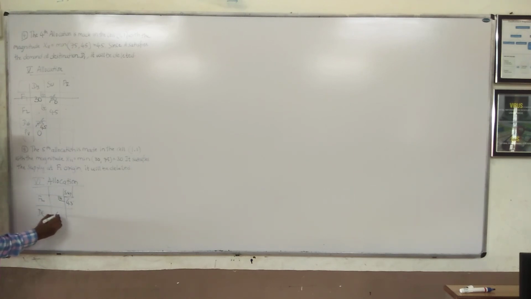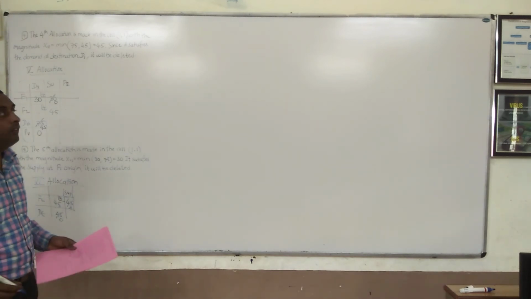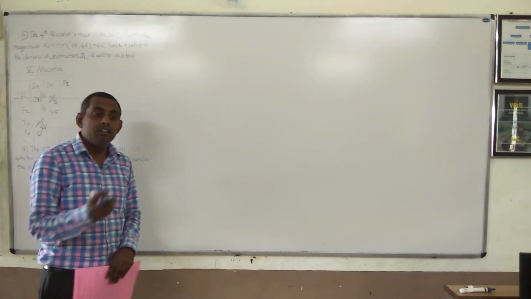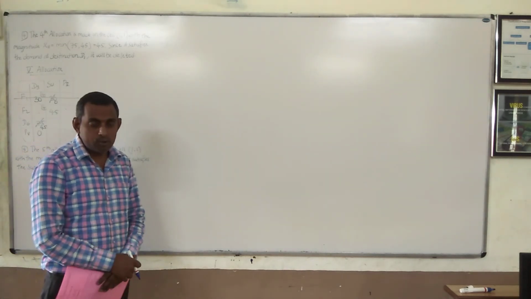And demand is also 45. So let me write 45 here. Fine. So 0 and 0. What happens here? 45. So total supply and demand will get satisfied here. So this will be explained in the next topic. Thank you.